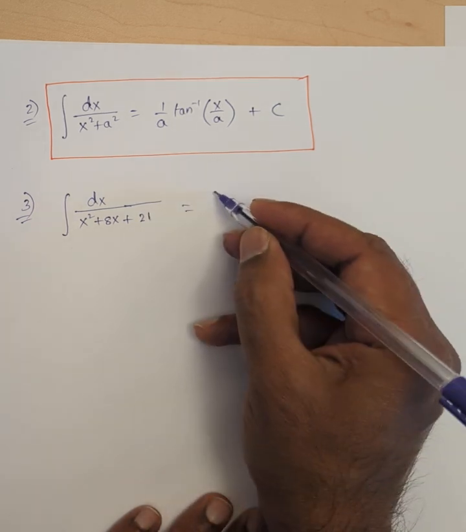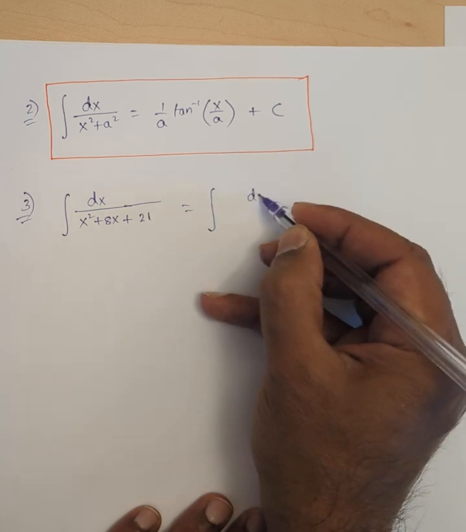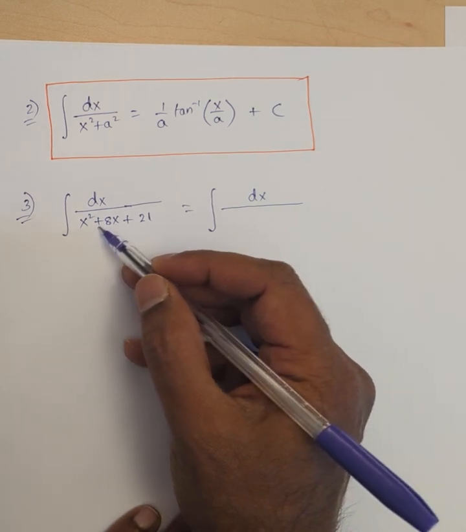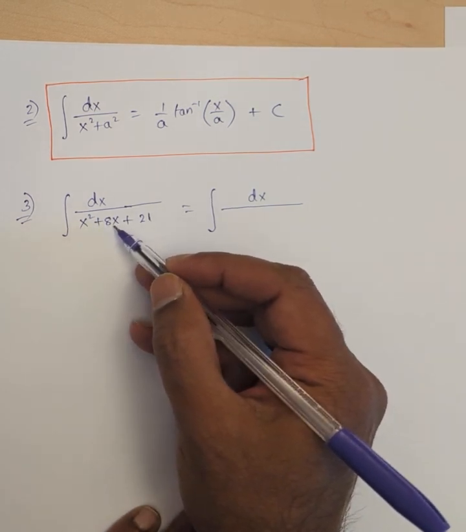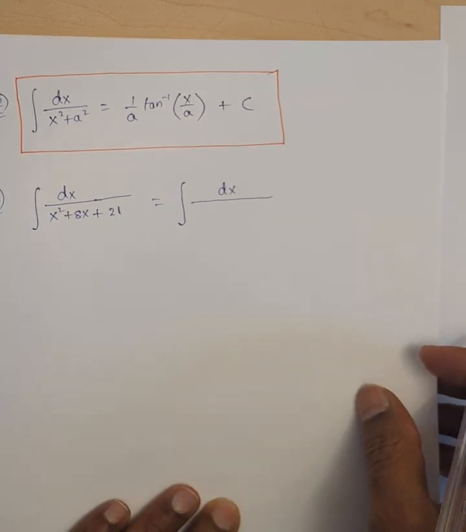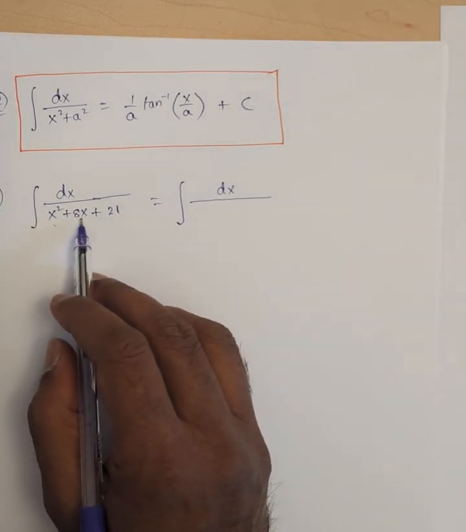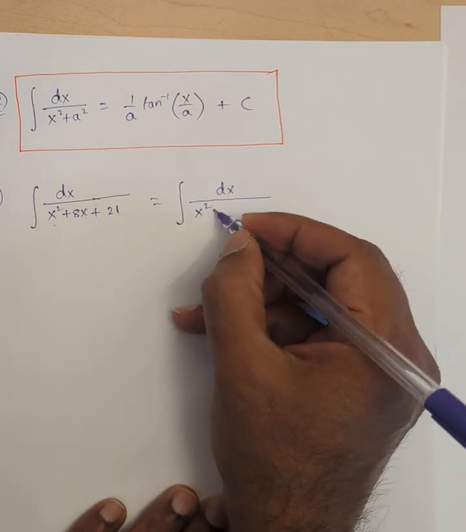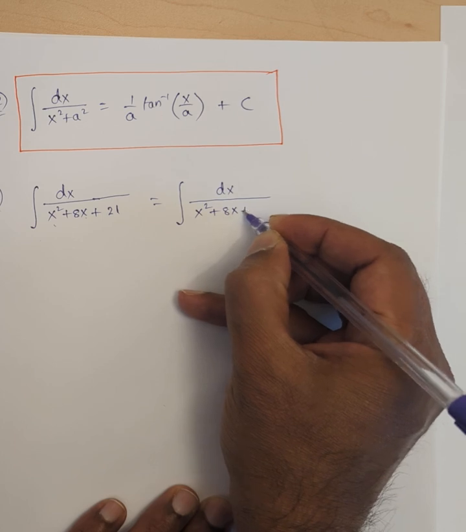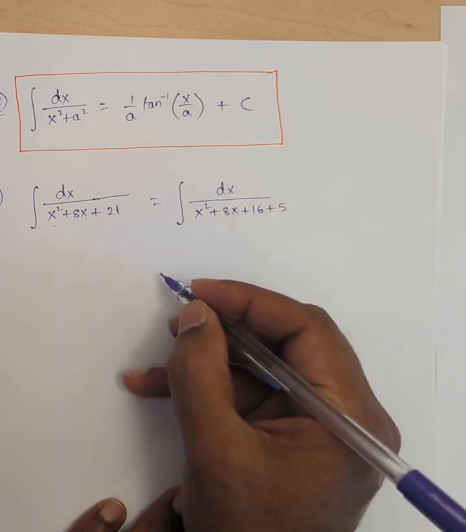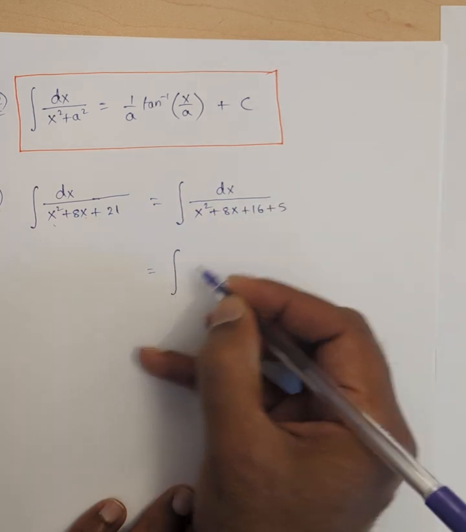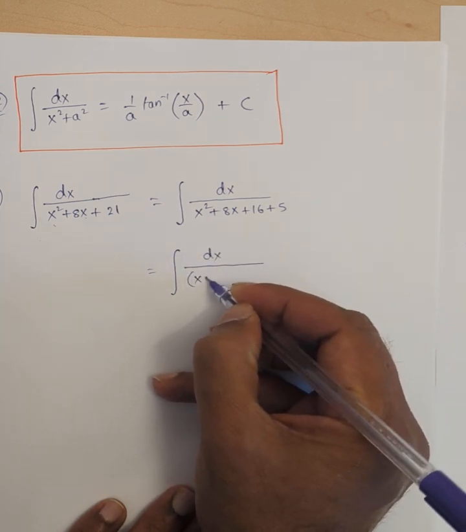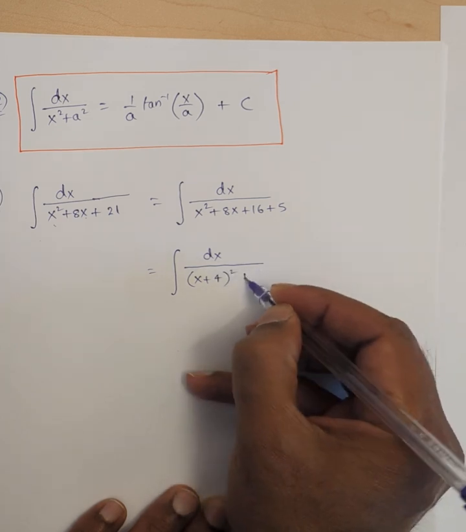Then this is going to be equal to, now notice, if you look at x squared plus 8x, then you know that the number that completes the square is 16. So you want to break this 21 down as 16 plus 5. And then you can rewrite the denominator as x plus 4 quantity squared plus 5.